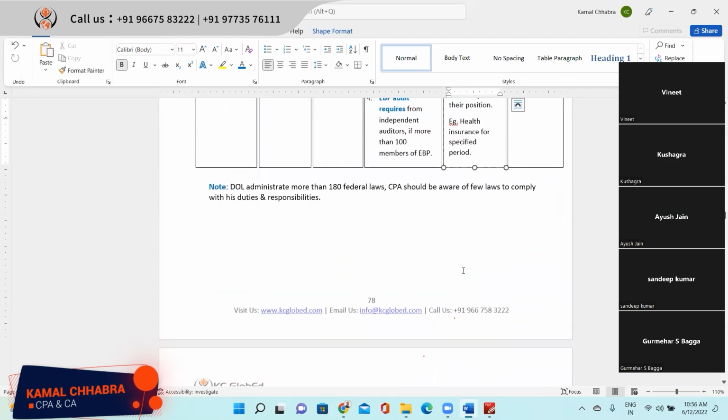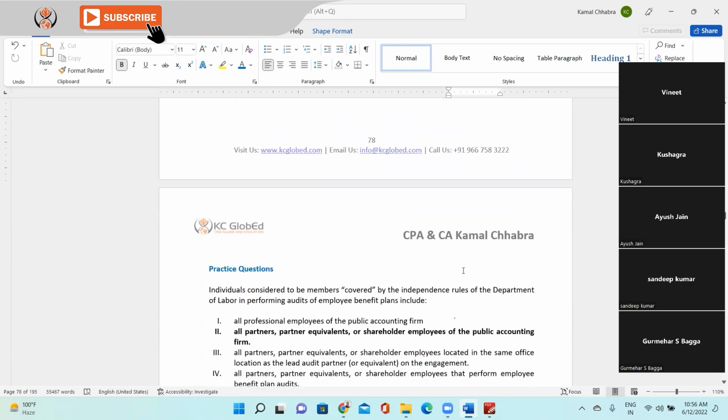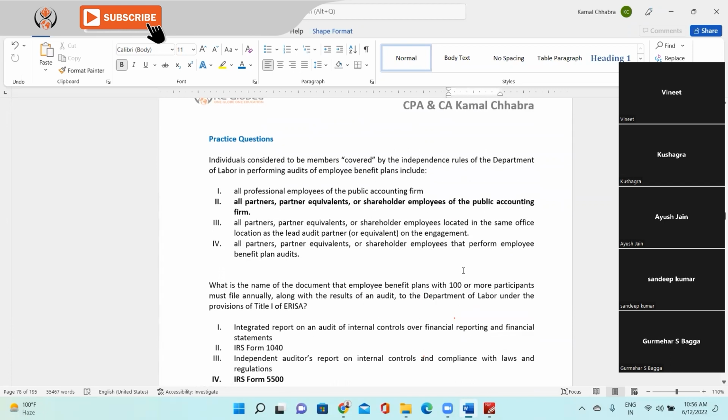Like I said, the Department of Labor administers more than 180 federal laws, but a CPA should be aware of a few laws to comply with duties and responsibilities, which we have covered here. So let's do some practice questions. Individuals covered by the independence rules of the Department of Labor in performing audits of employee benefit plans.